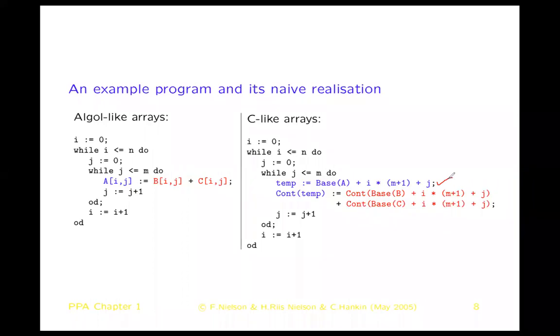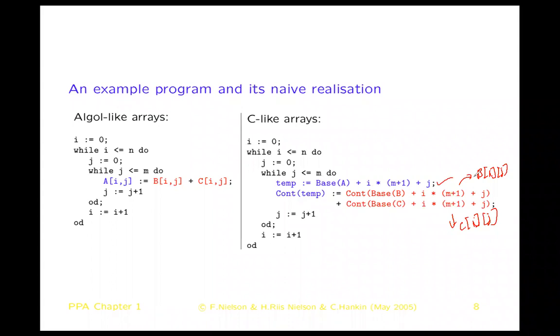So temp contains the address of the array element A of ij. So content of temp is equal to the content of the memory location associated with B of ij, and this corresponds to C of ij.